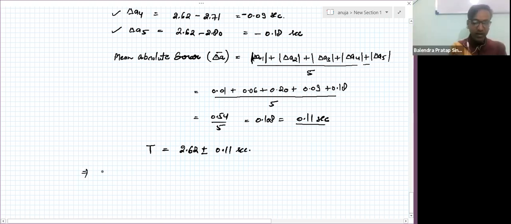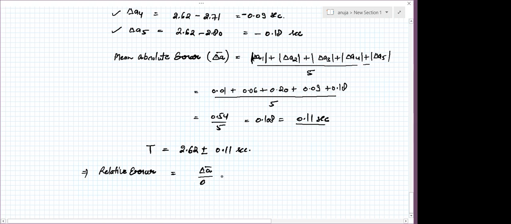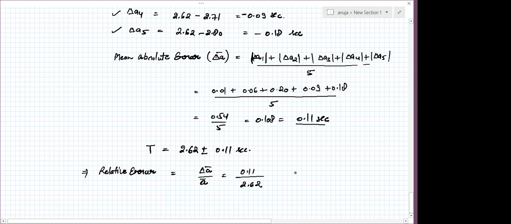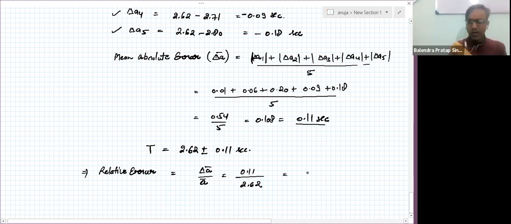Now it's very easy to find relative error. The next part is to find relative error, which is delta A bar divided by A bar. Here delta A bar is 0.11 and A bar is 2.62. I think now you are very familiar with the problems. This value is like 0.04.